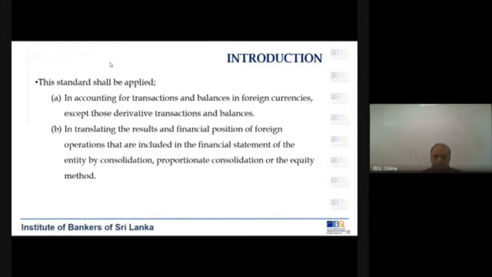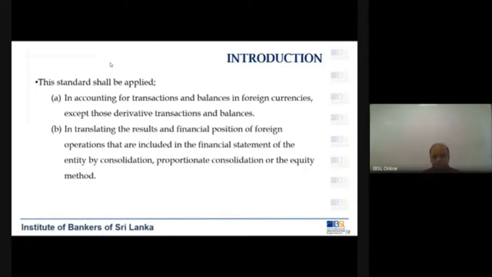So in translating the results and financial position of a foreign operation that are included in the financial statements of an entity by consolidation, proportionate consolidation, or the equity method. This might look very complicated, but let me give you in simple terms. Say you have a bank which has a branch in some other foreign country.